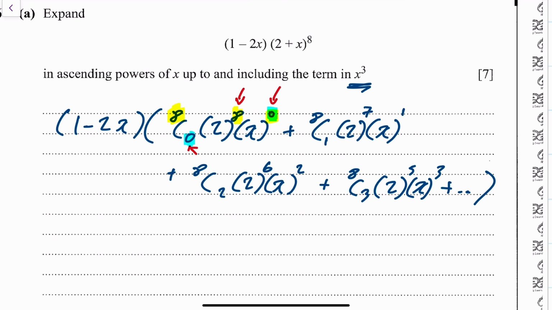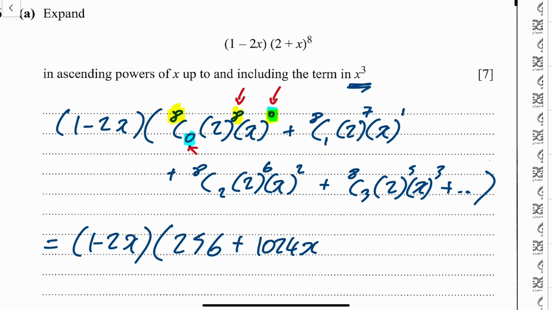And that's it. Now, I'm going to assume I've done this right. That's going to be 256 and then plus, and I can't read my own writing, bear with me. 8c1 times 2 to the power of 7 is 1024x.